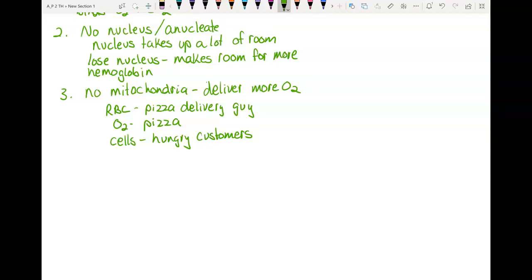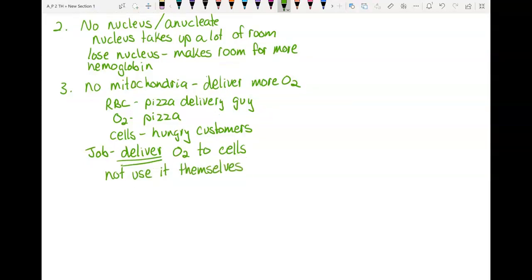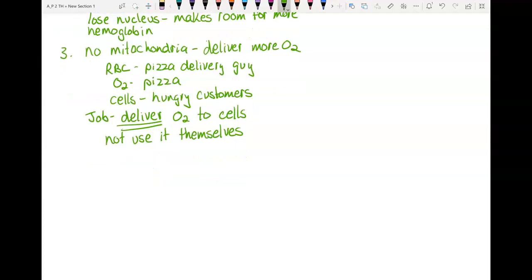It's the same idea here with your red blood cells in delivering oxygen. Their job is to deliver oxygen to your cells, not use it themselves. Well, if you think back to chapter 3 and what you learned about cellular respiration, the mitochondria is what uses oxygen. Glycolysis takes place outside the mitochondria and does not use oxygen.